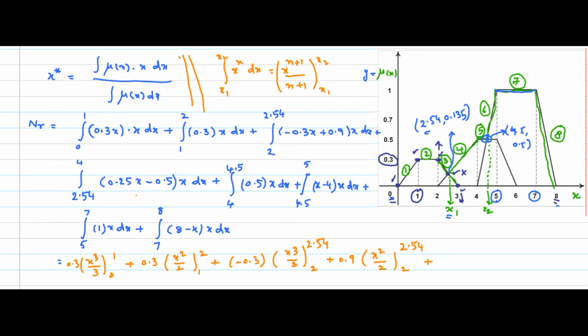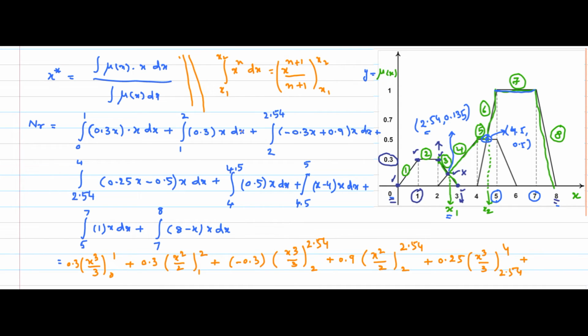Plus 0.25, it can be taken out, into x is x square, so it should be x cubed by 3. It is from 2.54 to 4.